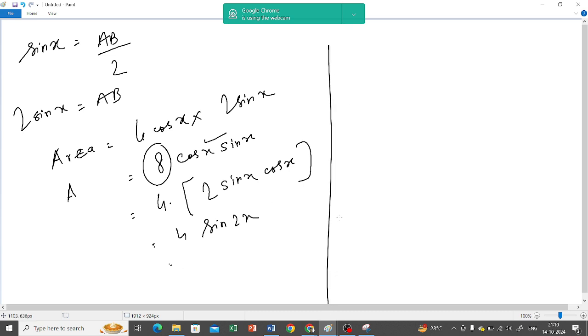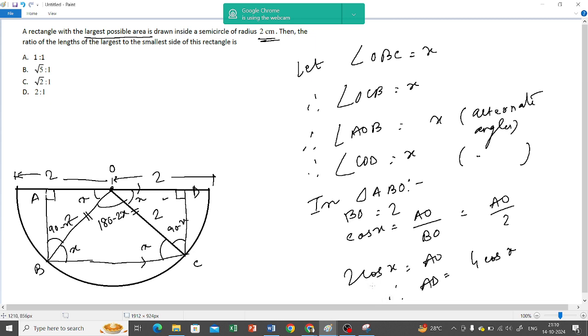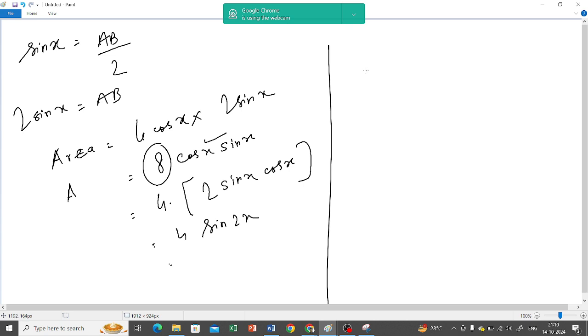So if I differentiate this, there is 4, and derivative of sine 2x is 2 cos 2x, and that will be equated to 0.